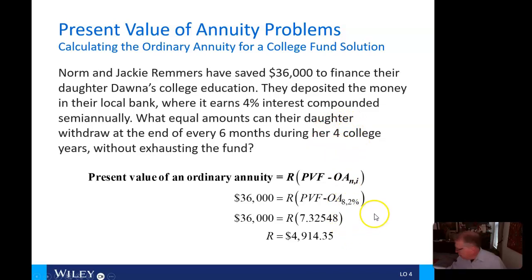If I look that up, we've got 2%, 8 periods, and that's going to come right off of table 5.4. And we just simply divide that into 36,000, and away we go with $4,914.35.